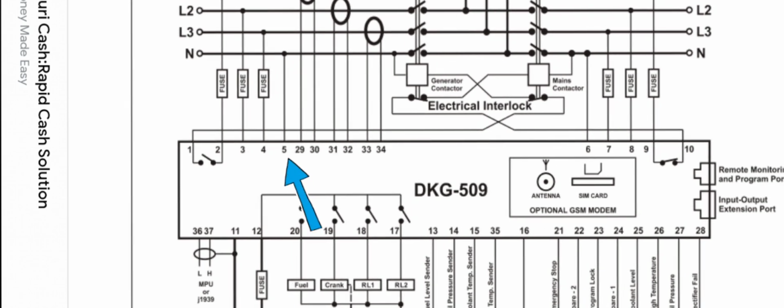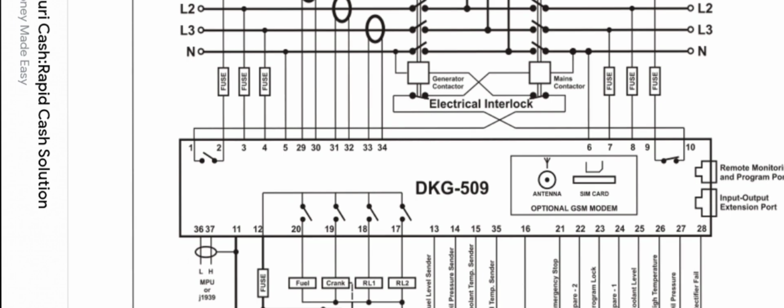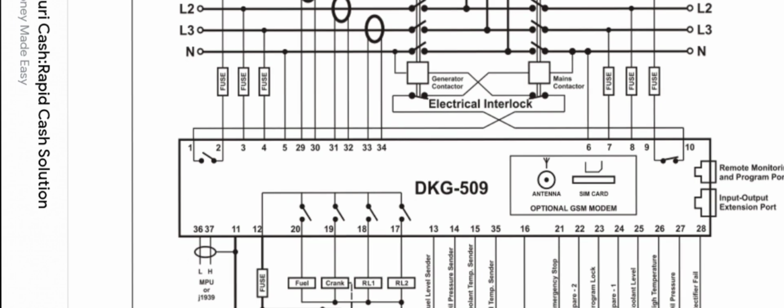This is the normally open contact. After that, pins 29, 30, 31, 32, 33, and 34 are all for the current transformers.